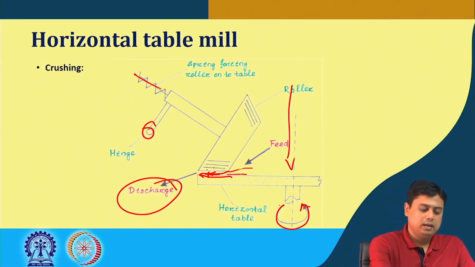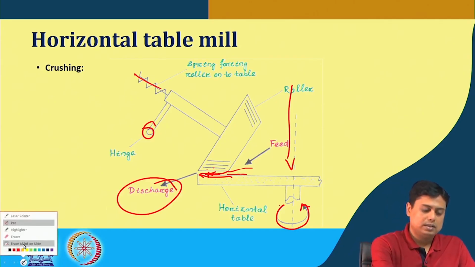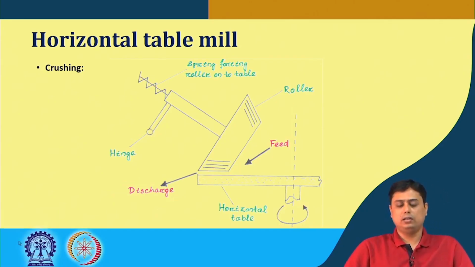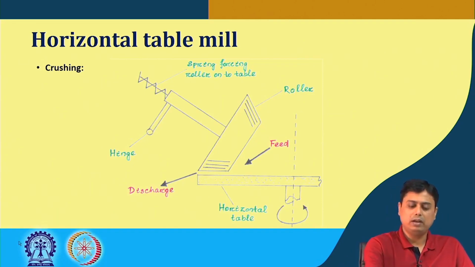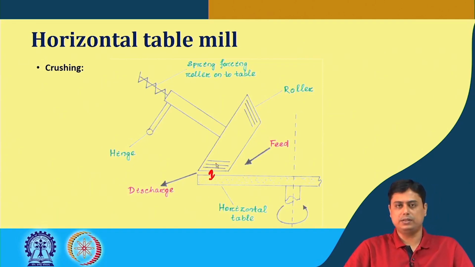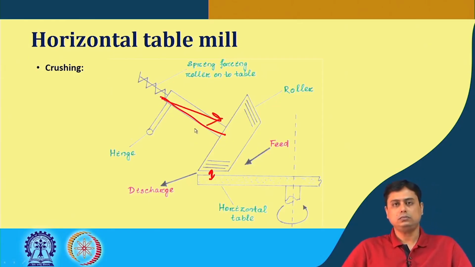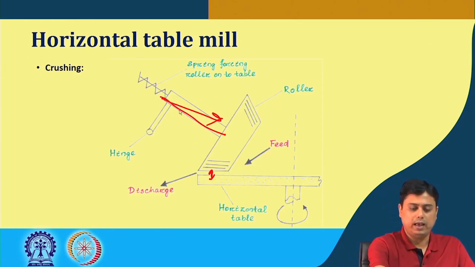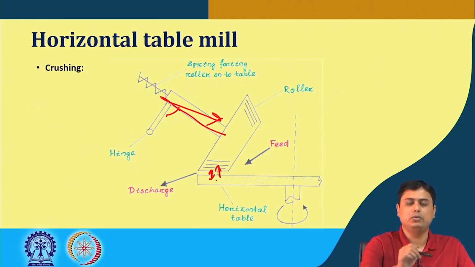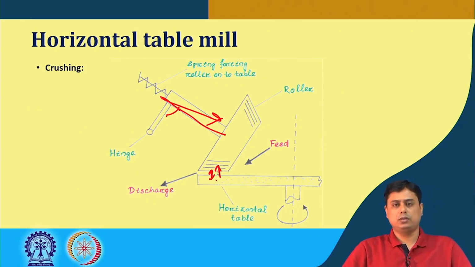Basically here also the sizes of the product can be controlled by controlling the gap between these two rigid surfaces, and that can be adjusted with its slope. If we have a bigger slope, we can create a larger gap between these two positions.